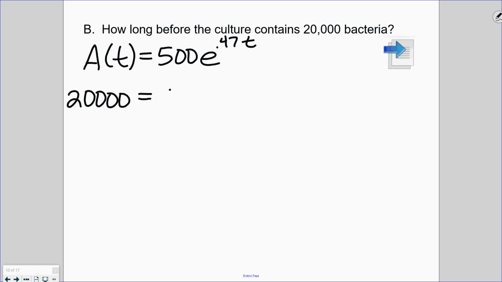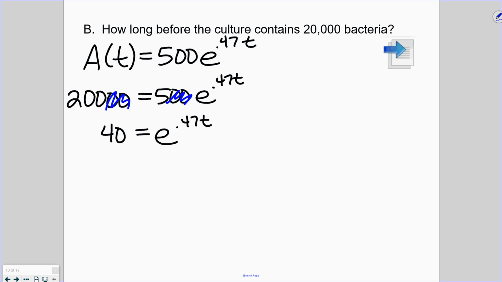So we're solving when does 20,000 equal 500 e to the 0.47t. So again, I'm going to divide both sides by 500, which is going to give me 40 equals e to the 0.47t. So 20,000 divided by 500, you just think about it as dividing by 100 on both sides, and then 200 divided by 5.